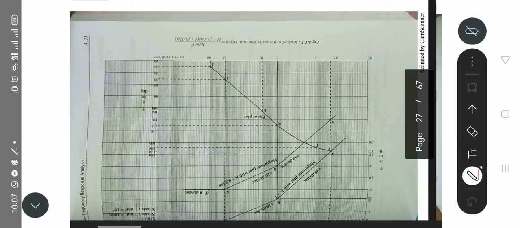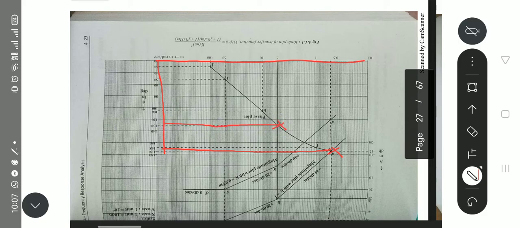Sorry, these are the corner frequencies and these are the phase values. So at 0.5, what is the value? 174. Next, 5 is 130.